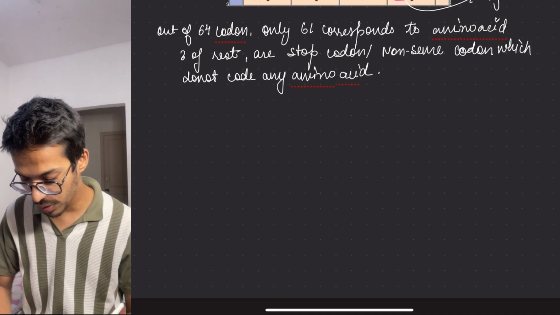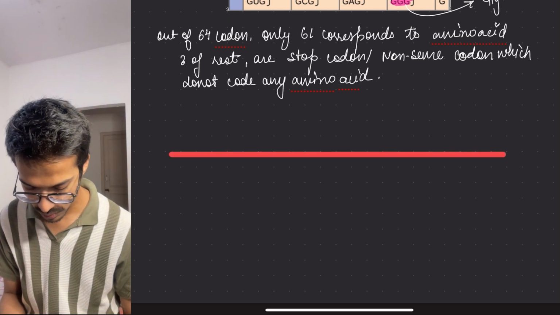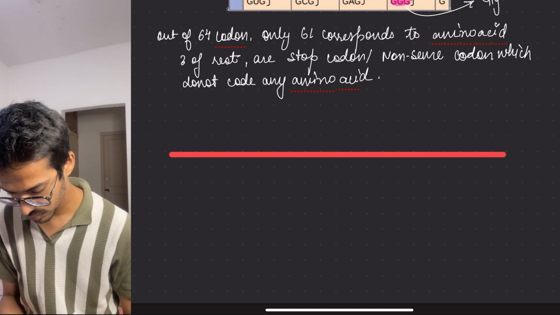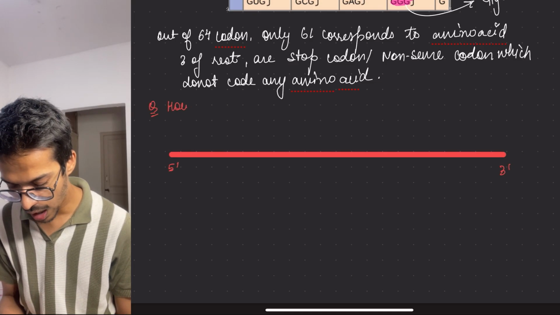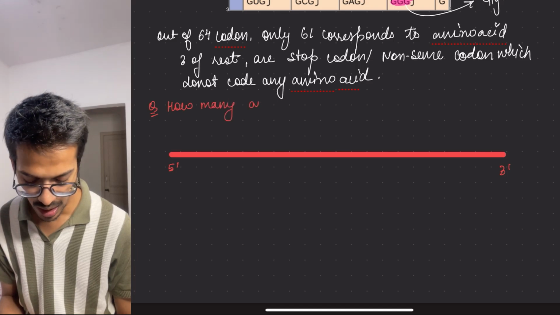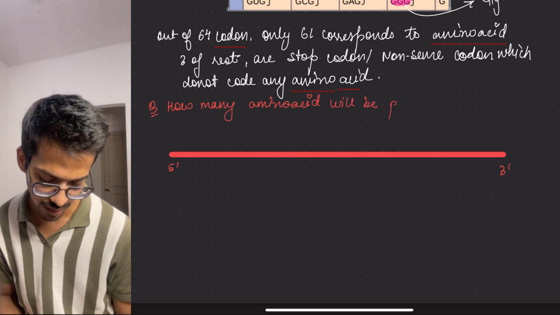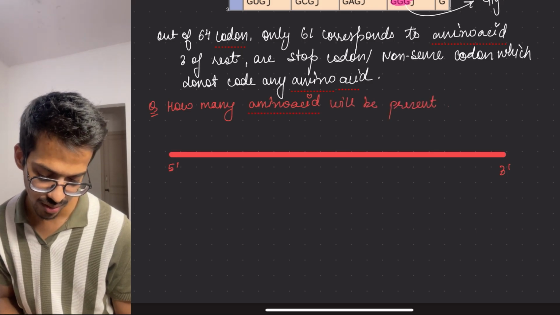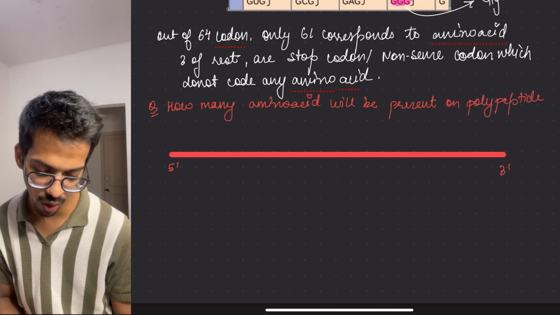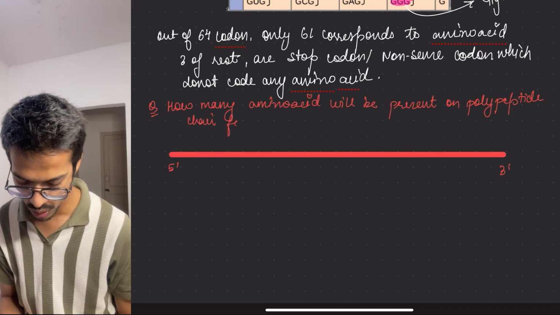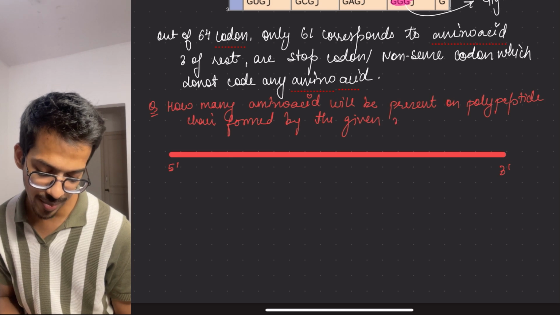So over here I am giving you one question on this basis. Try to do it. The question is, how many amino acids will be present on the polypeptide chain formed by the given mRNA?